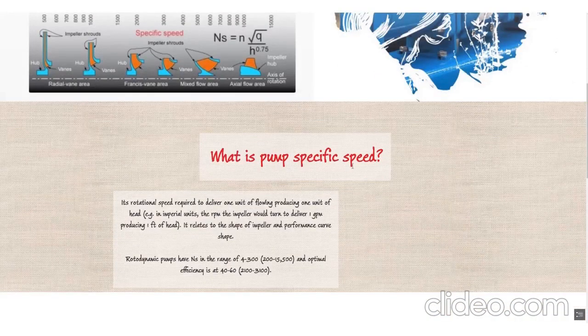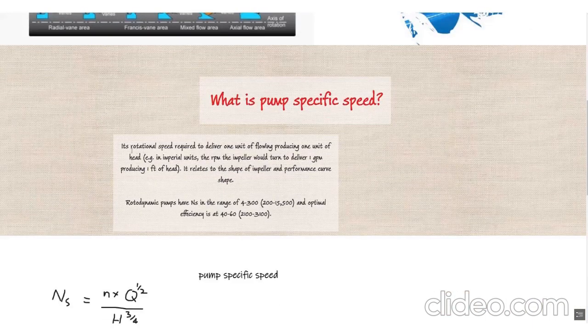So what is this specific speed? It is the rotational speed required to deliver 1 unit of flow, producing 1 unit of head. For example, in imperial units, 1 RPM of the impeller would be able to deliver 1 GPM of flow rate by producing 1 foot of head.